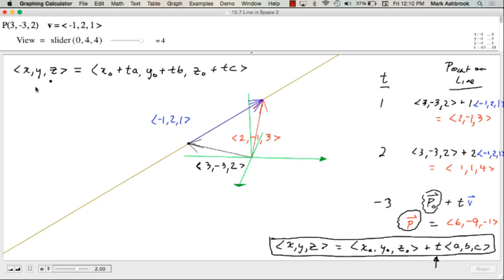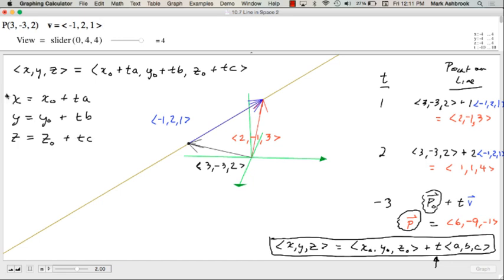And so then we can take this out of vector form by writing each component separately. What's the x component? x equals x naught plus ta, and then y equals y naught plus tb, and z equals z naught plus tc.